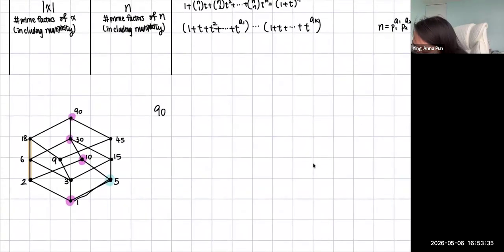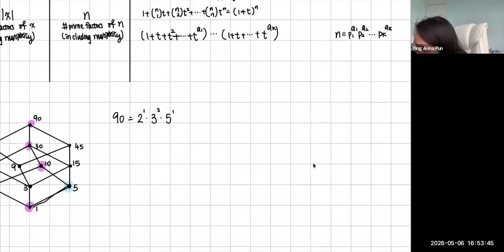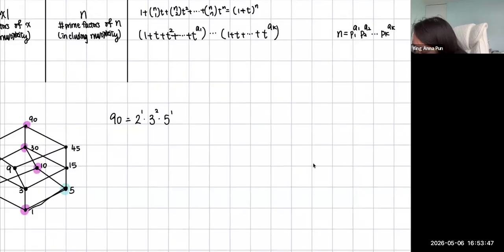So you look at 90. 90 is 2 to the power 1 times 3 to the power 2 times 5 to the power 1. So I'm claiming that the rank generating function is 1 plus t, times 1 plus t squared, times 1 plus t.